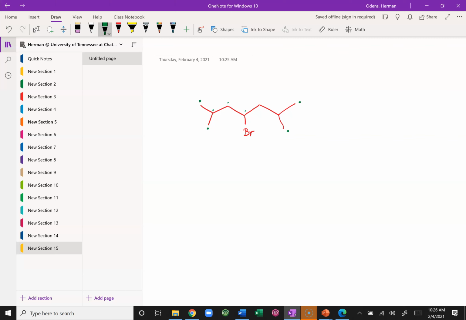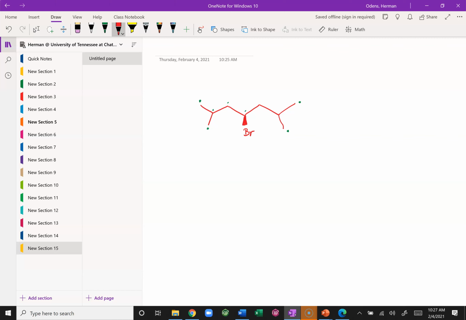Because it's a mirror. But notice the chiral environment, because this molecule is racemic, or if I give you an actual chiral one, it's the same thing.